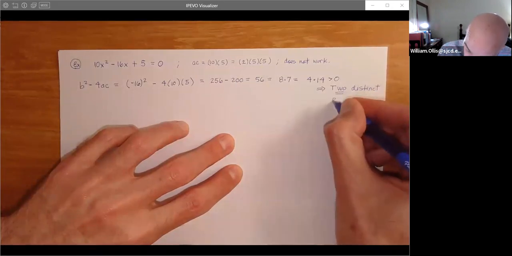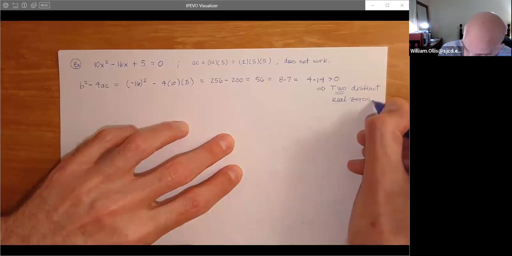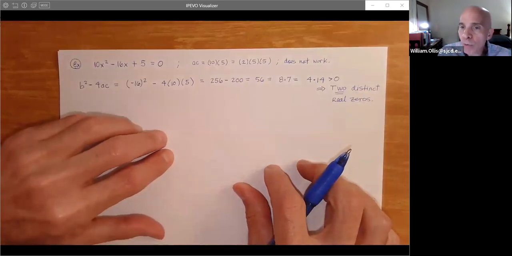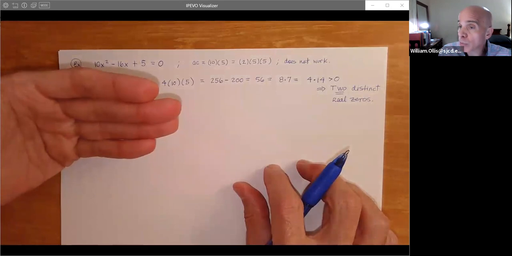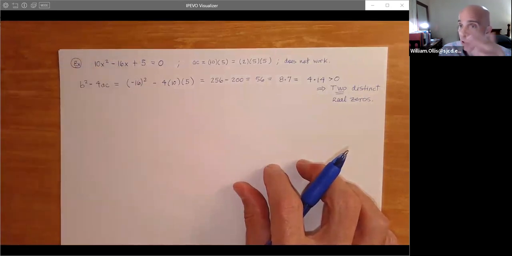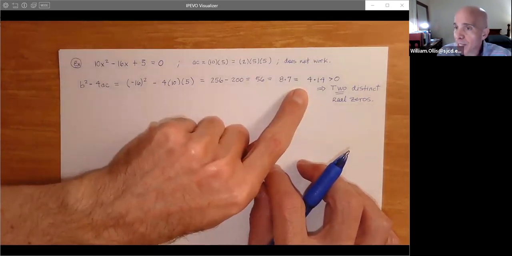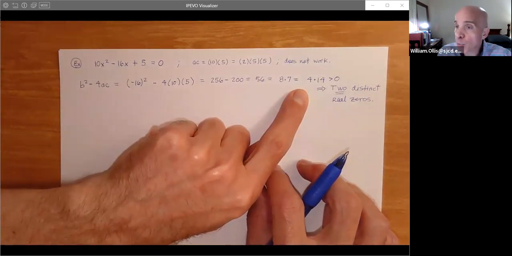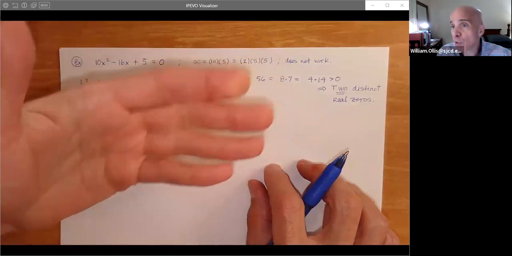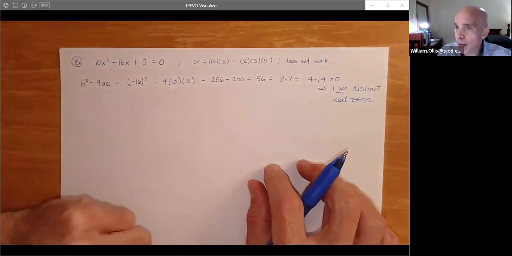When you think about the discriminant, maybe the discriminant is 0, then you just get one repeated zero because plus or minus 0 is not going to give you two solutions. Or it could turn out that the discriminant is less than 0. And then, of course, you're taking the square root of a negative number, which is imaginary. So that's going to give you complex conjugate zeros, just like you did in college algebra.